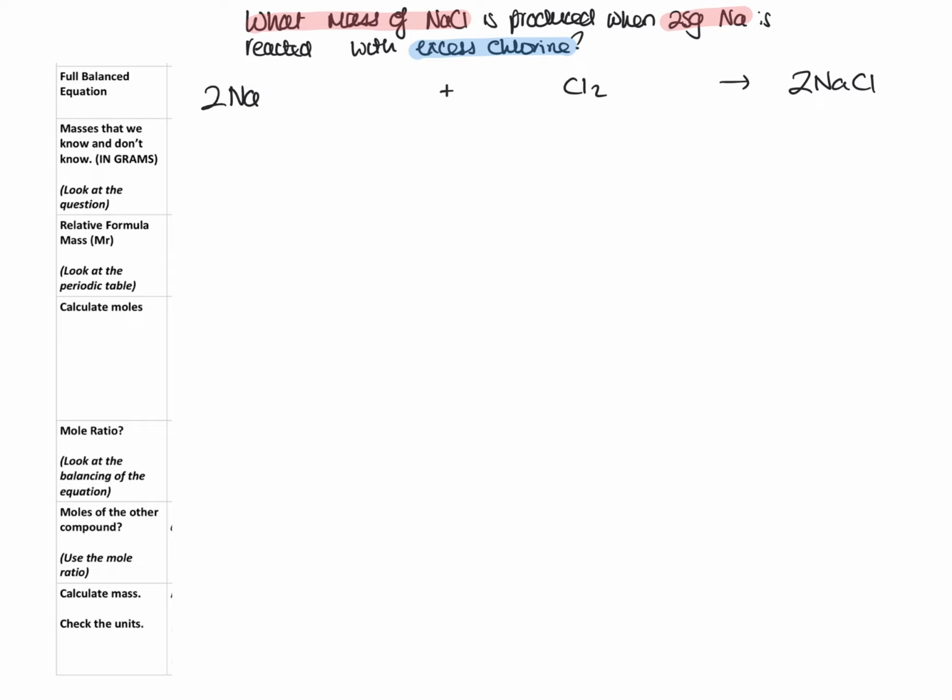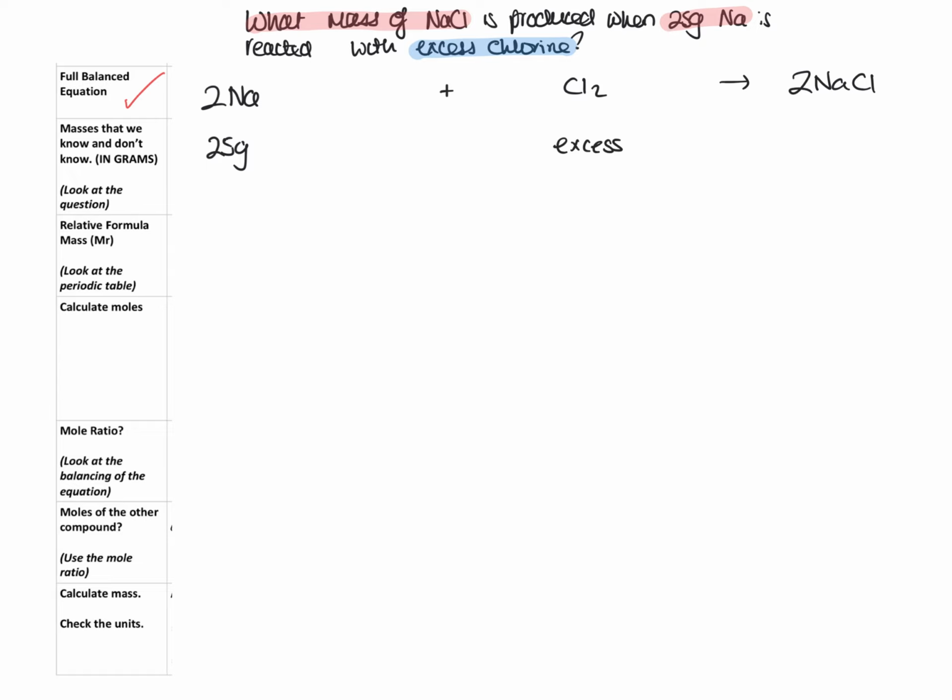Balancing equations is for another lesson, so we'll leave that there as it is. And that means that we have now done that part. Next step is masses that we know and we don't know in grams from the question. So having a look at the question, we know that we've got 25 grams of sodium. We know that this one is in excess, which means we don't care about it.